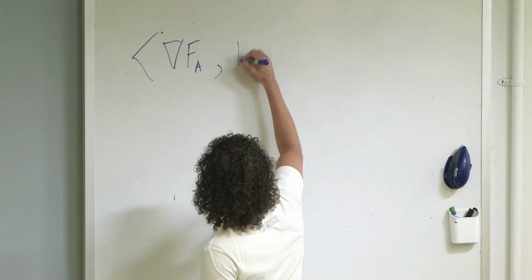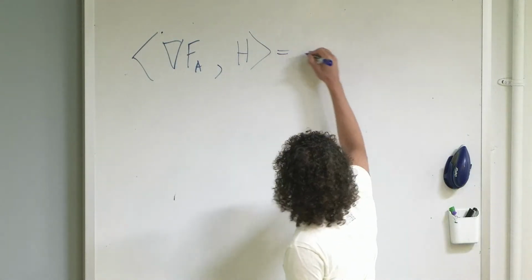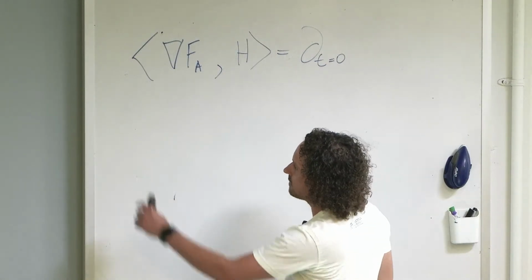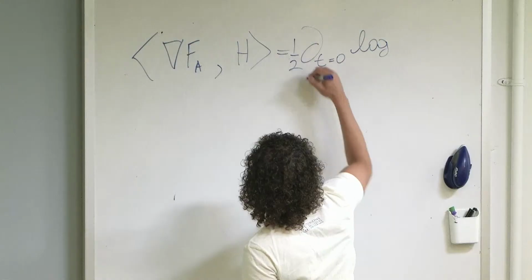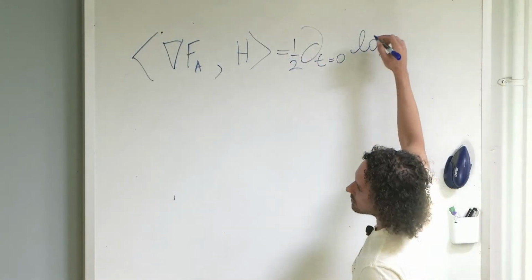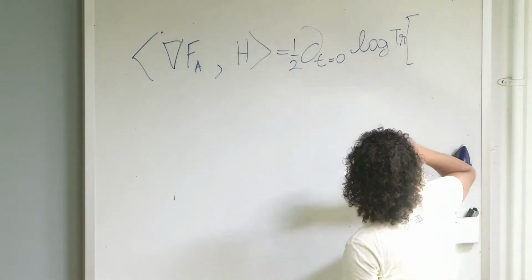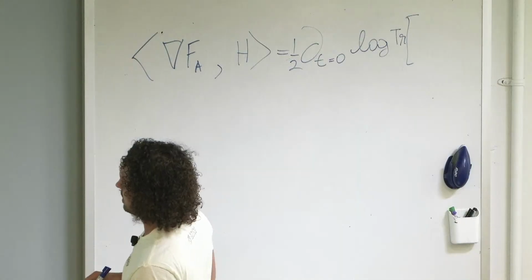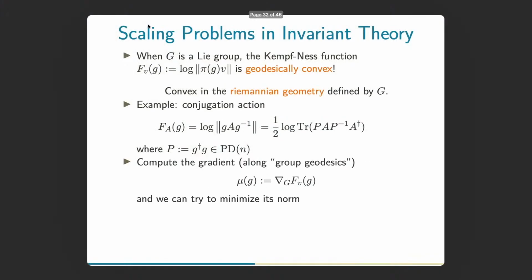So if I go in the direction H, which is a Hermitian matrix, this is going to be my derivative evaluated at 0 of, well, there's going to be a half here, and I'm going to have log of my trace. Remember, there's a 2 there that I forgot to put here, but it's okay.